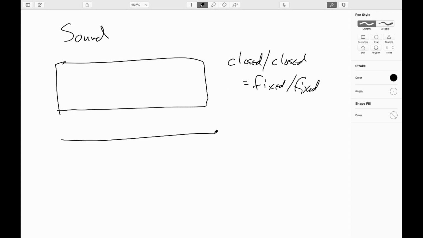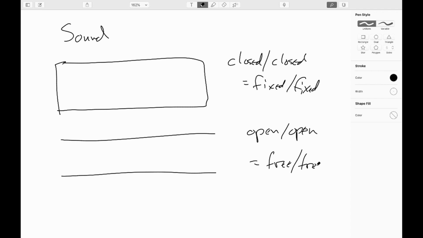And if both ends are open, that's the same as both ends being free.